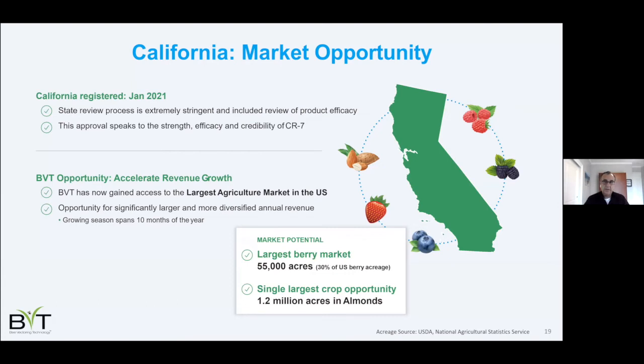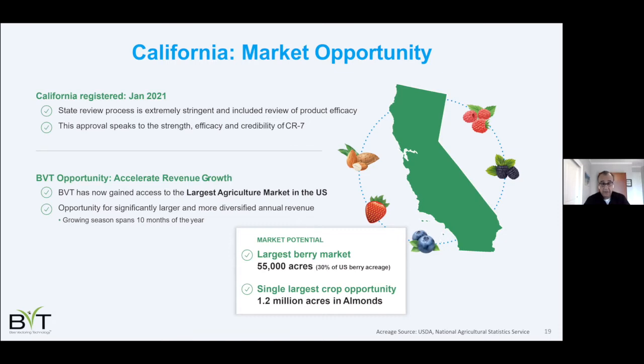It was great that we were able to complete the process last year. It also is the only state in the US that looks at efficacy data. So the fact that we got the California registration speaks to the strength and the credibility of our system. We have now, through this process, gained access to the largest agriculture market in the US.